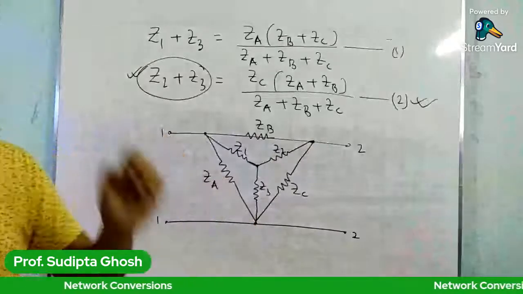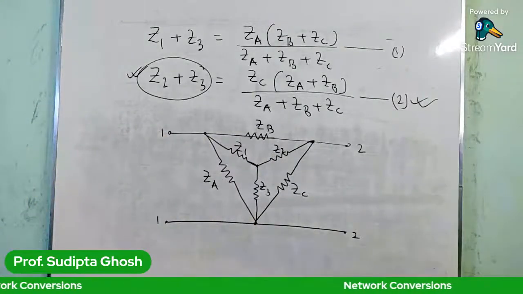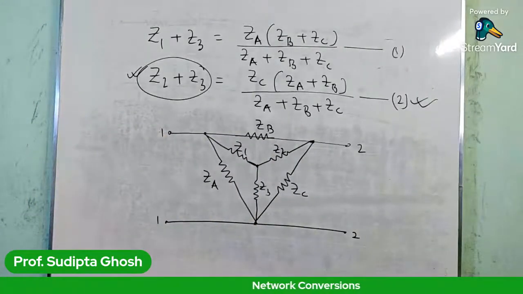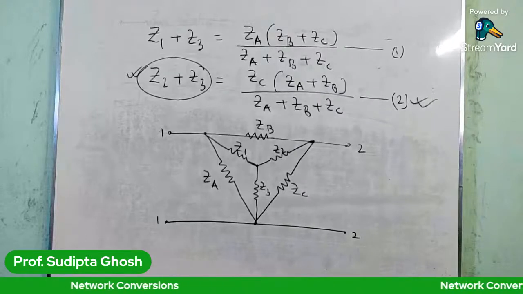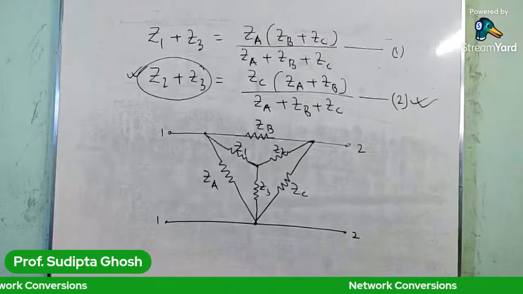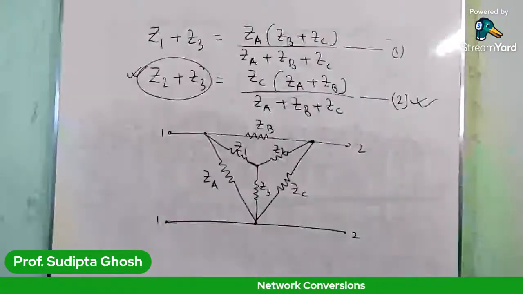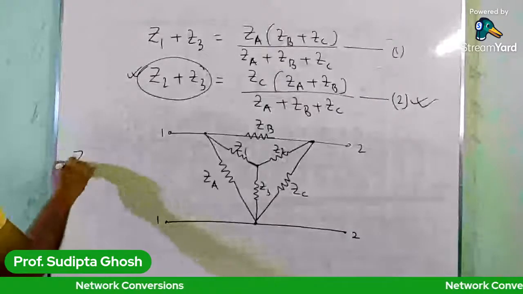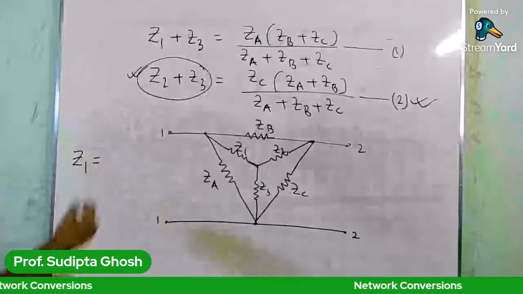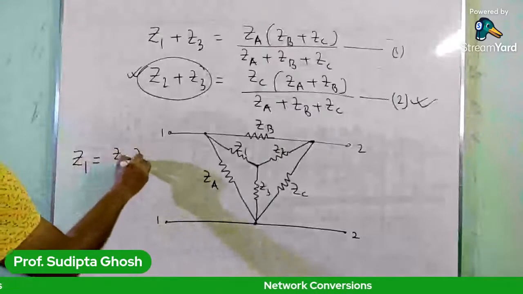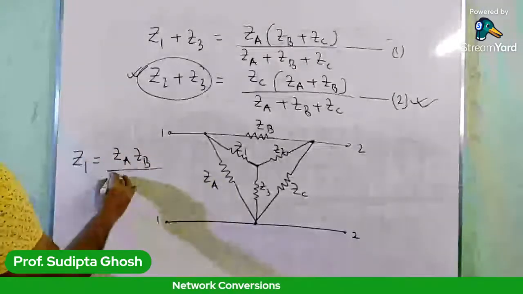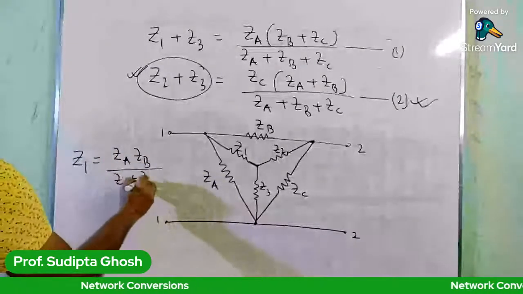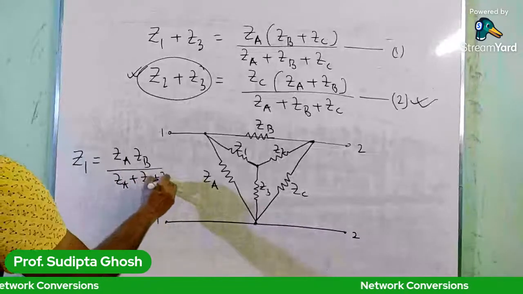So how to remember, how to write these equations? Now this is important. Just consider two different equations. Let us consider the value of Z1. How to get the value of Z1: that is ZA ZB divided by ZA plus ZB plus ZC.